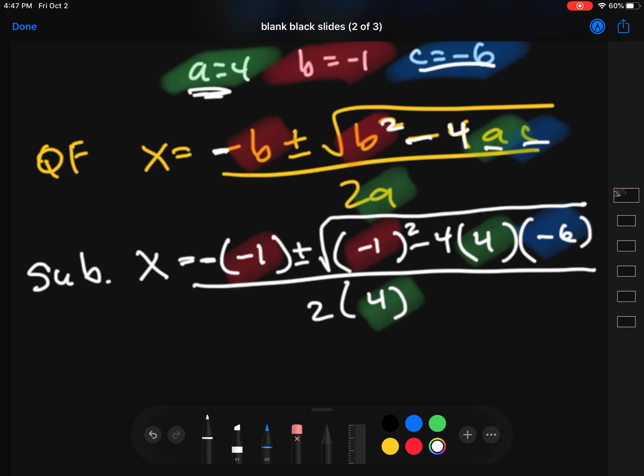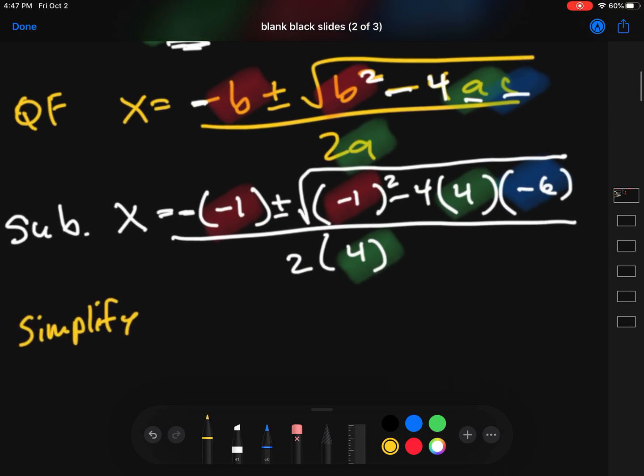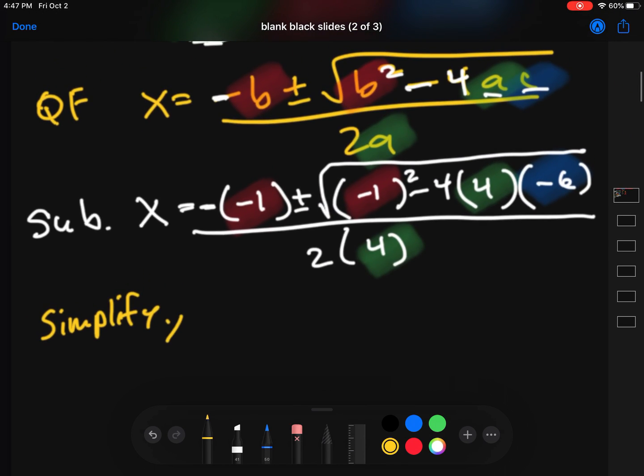Okay, so we just did substitutions. Let us now simplify. This one will probably take us the longest amount. Okay? Alright, so I have x equals, the opposite of negative 1 is a positive 1. Plus or minus, big square root, negative 1 squared is, negative 1 times negative 1 is positive 1.